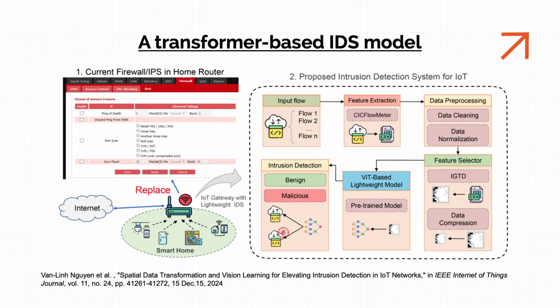Okay, and here is an example of how we can apply intrusion detection for an IoT gateway. On the left side you can see the current firewall and IPS in our home router, right? It's very cheap, and our model just replaces that one, because previously they just detected on a threshold.